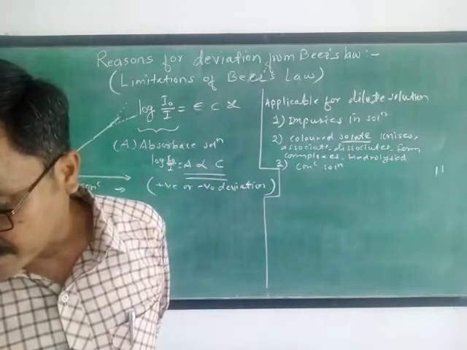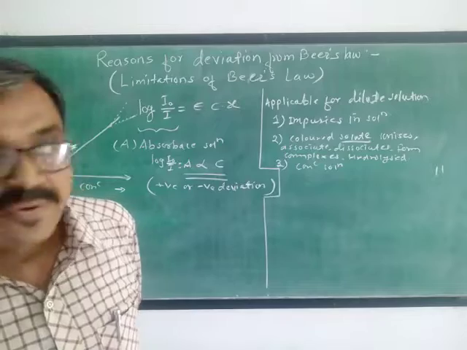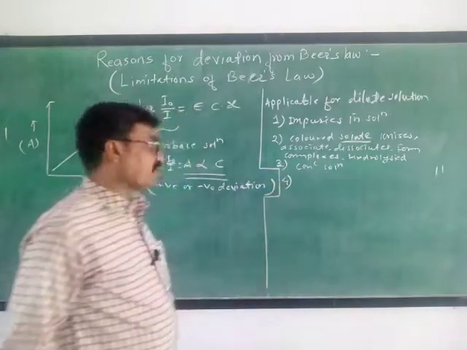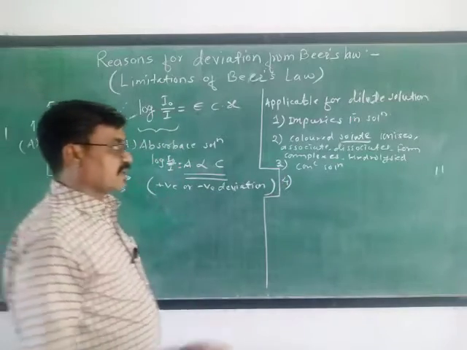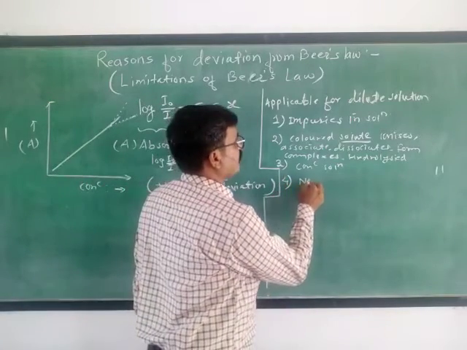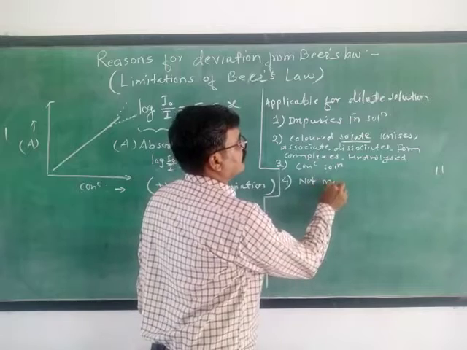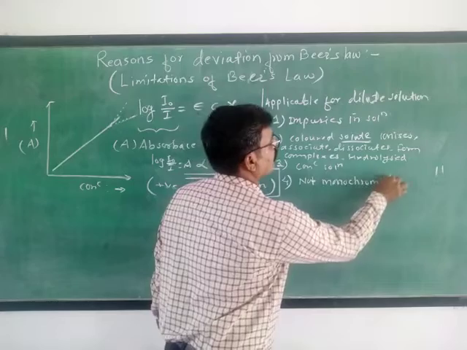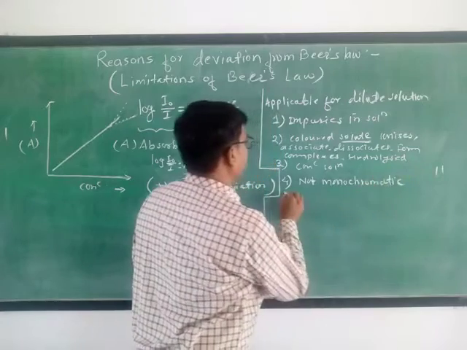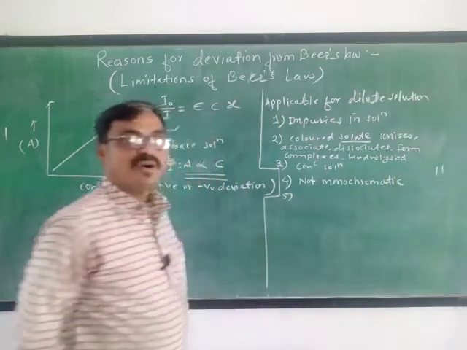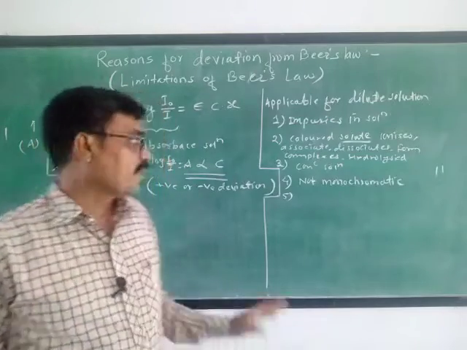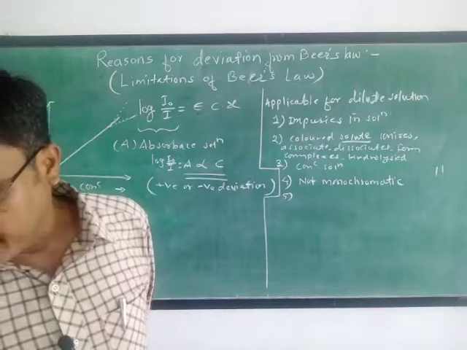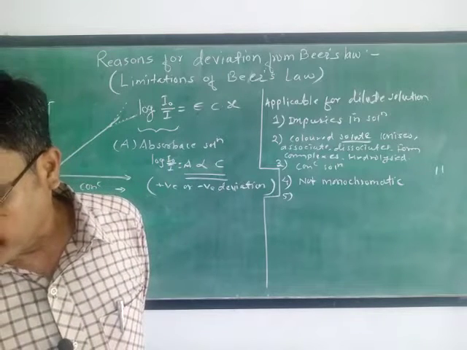And the next reason is, if the light used for the measurement of absorbance is not monochromatic, then there is a possibility of deviation, meaning the observed value of absorbance is different from the expected value.